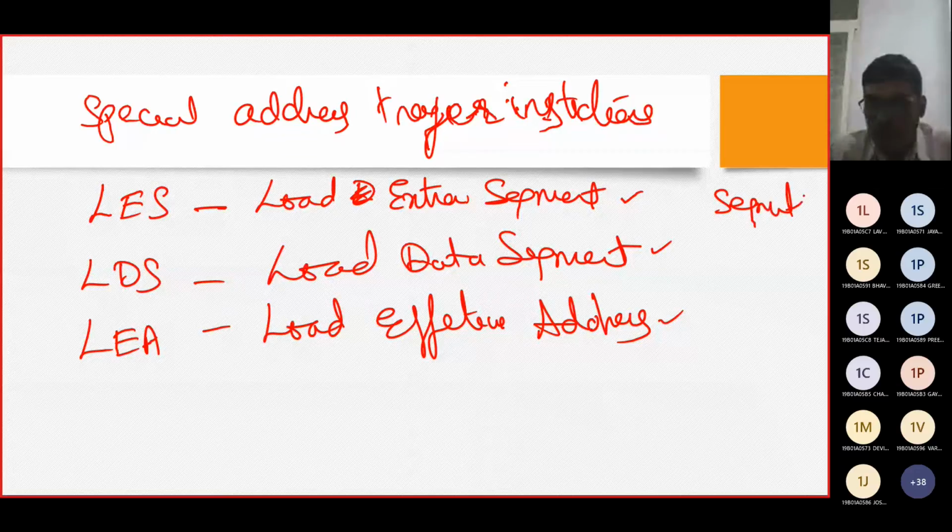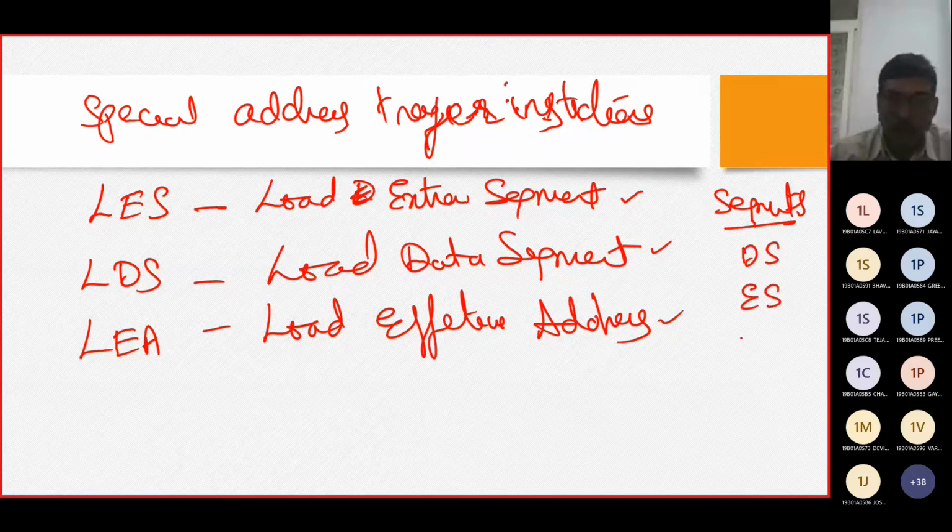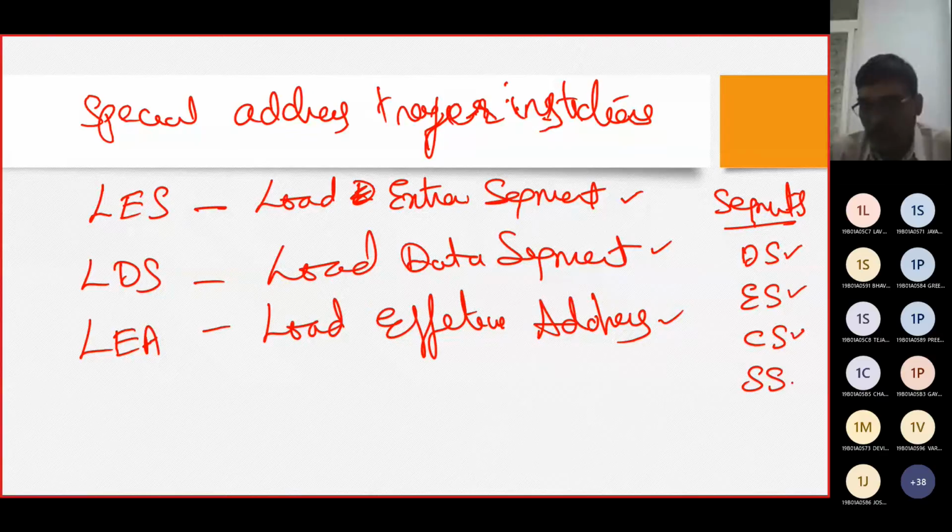Segments we discussed earlier: one, the data segment; two, the extra segment; three, the code segment; fourth, the stack segment. Data segment, extra segment, code segment, and stack segment.